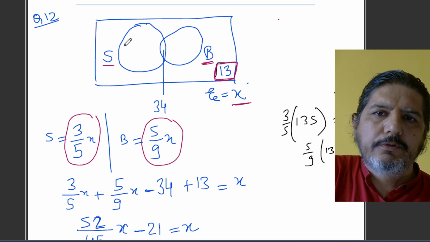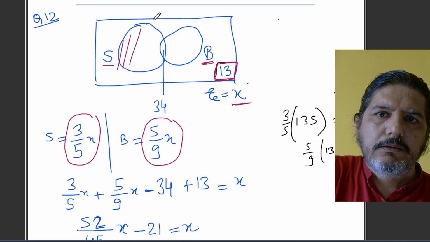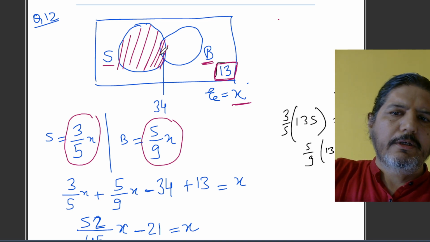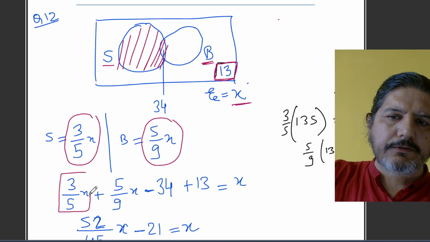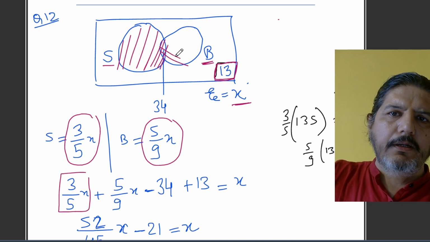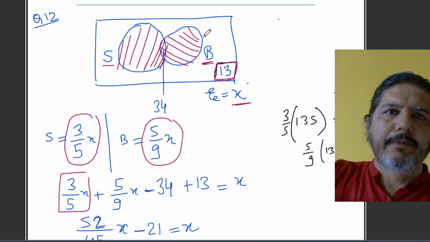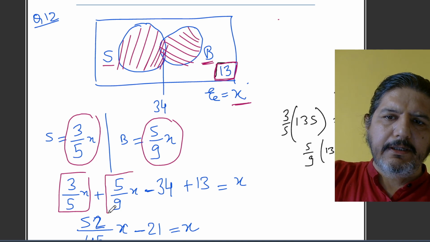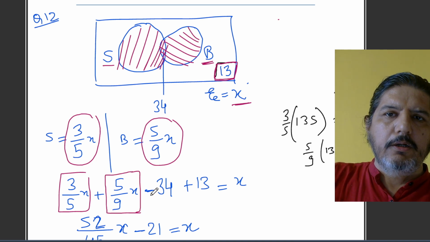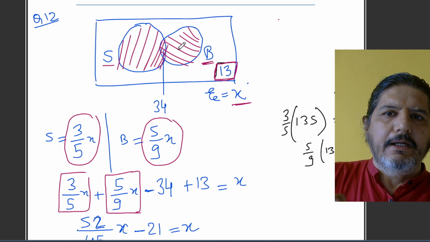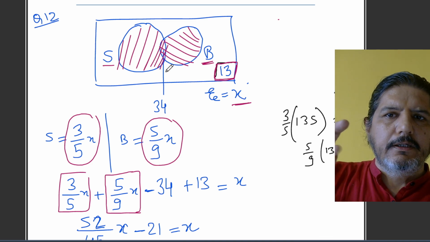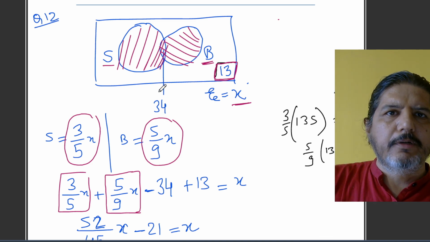First, I'll take the people who are there in swimming. The total people in swimming is 3/5 x. Then I'll take the people in badminton. Now when I'm doing that, please try to understand, I will be counting these 34 people twice.